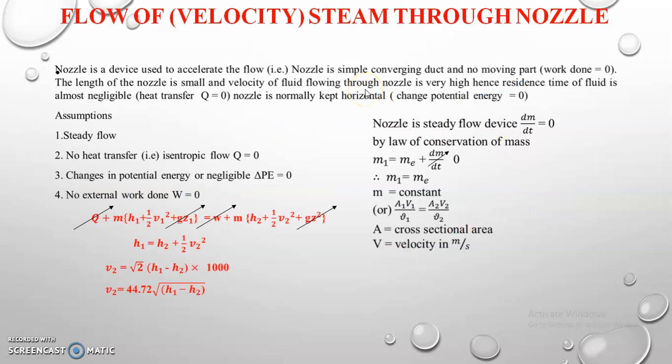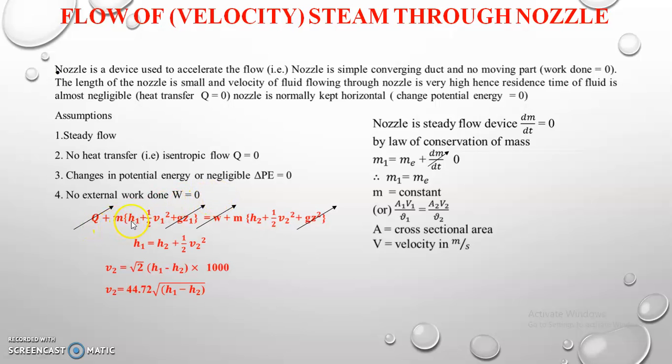Now the topic is the flow of steam discharge through a nozzle, based upon the steady flow energy equation. For the nozzle, we assume steady flow, no heat transfer (isentropic flow, Q equal to 0), negligible change in potential energy, and work done equal to 0.